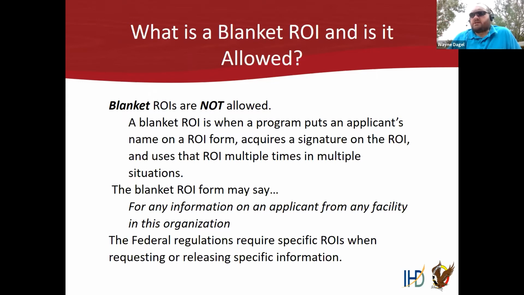If we're going to an employer saying we need a release of information to help set up work accommodations, we can't just do a blanket blank ROI to that individual. We have to be specific in what we're going to release and who we're going to release it to.